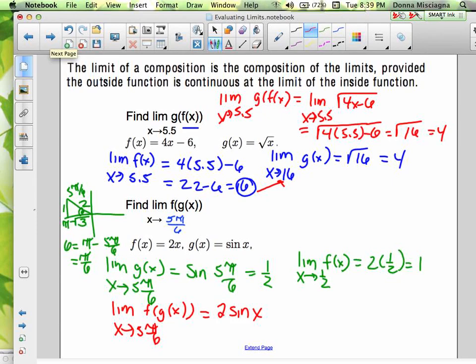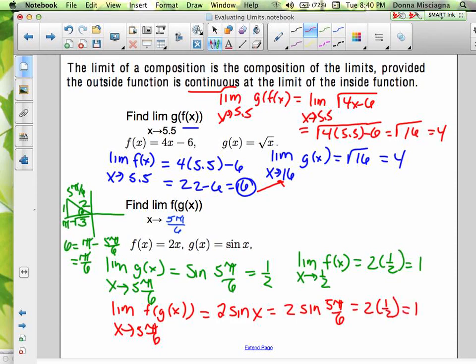All right, so if we plug in here, that's going to be 2, because sine is continuous everywhere, and 2x is continuous everywhere. So these are continuous functions, and these have to be continuous everywhere. So we have 2 sine of 5 pi over 6, which we already know sine of 5 pi over 6 is 1/2. So that's 2 times 1/2, which is 1.